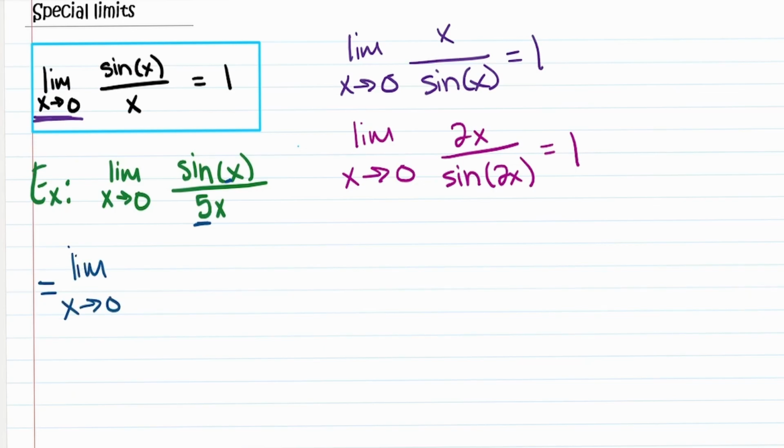So if we divide out 1/5, we would have 1/5 times sine x, and then we would just have the x left in that denominator. And our property of limits states that if we have a constant like 1/5, we can move that and put it on the outside of our limit. So let's go ahead and do that.